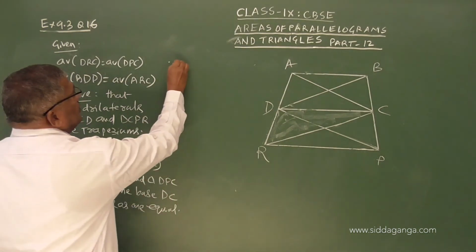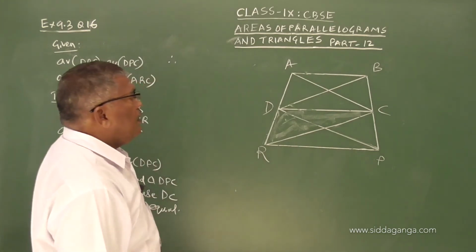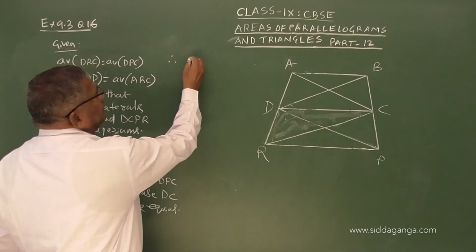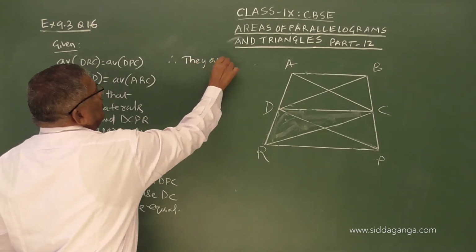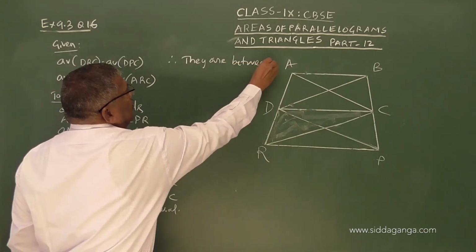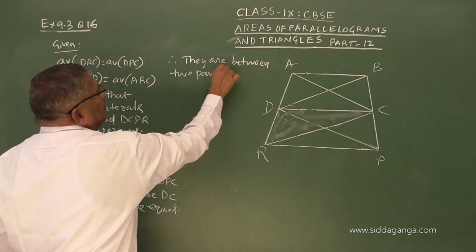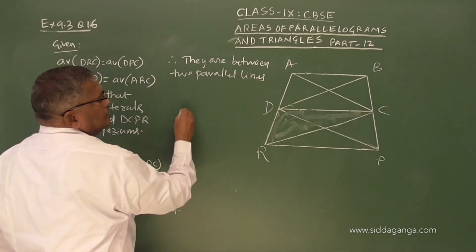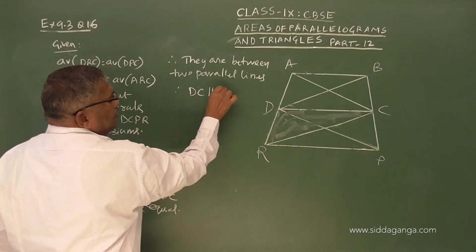So therefore we can say they are between two parallel lines, that is DC and PR. Therefore DC is parallel to PR.